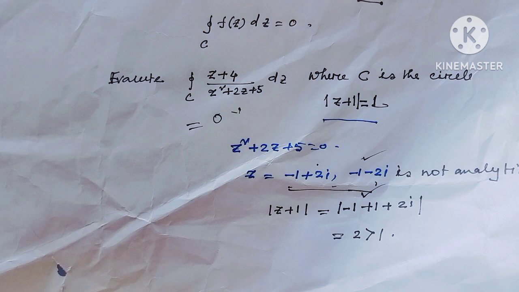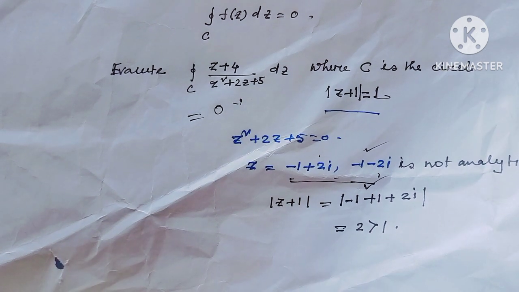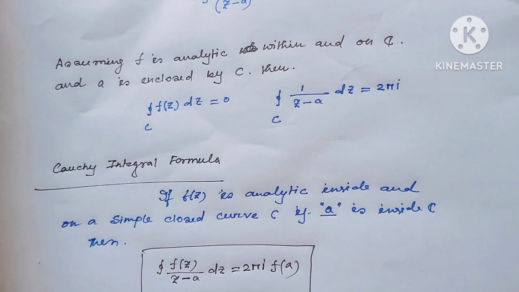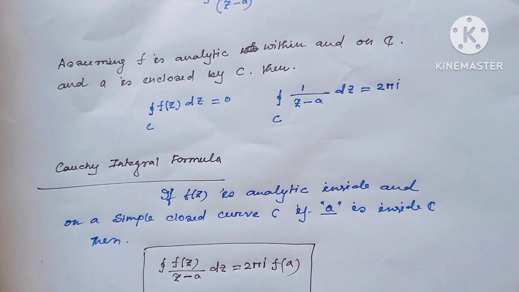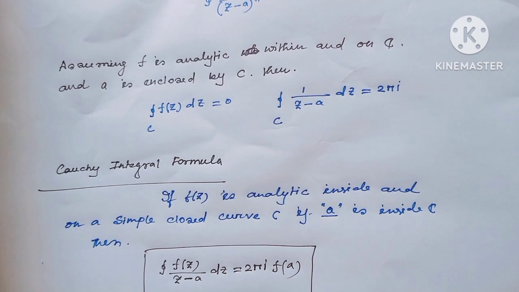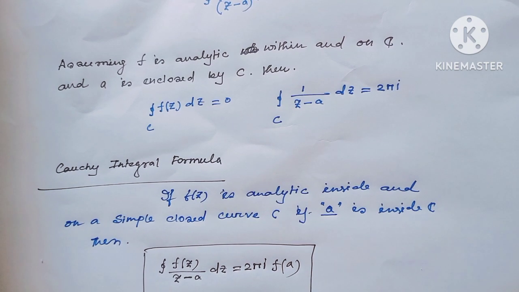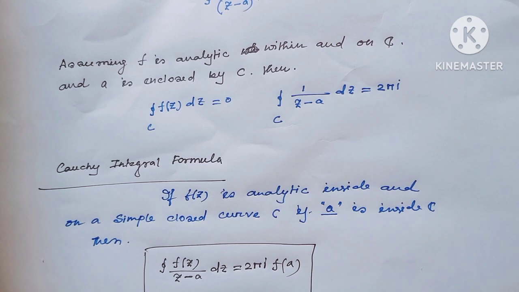Okay. Well, next I will say what is Cauchy's integral formula. Till now I have seen, assume f is analytic within and on the closed curve C, and a is enclosed by C. Then the integration along this contour of f(z) dz equals 0.